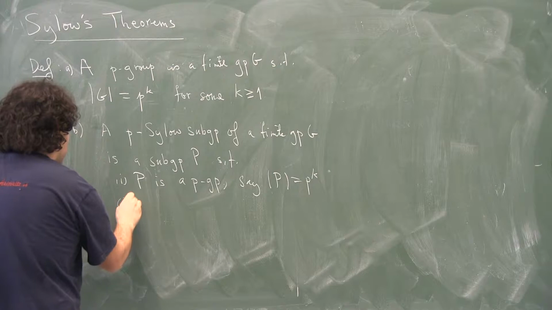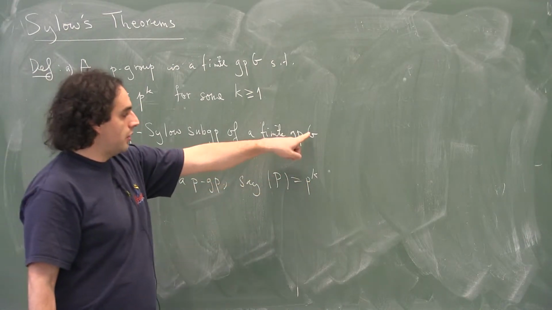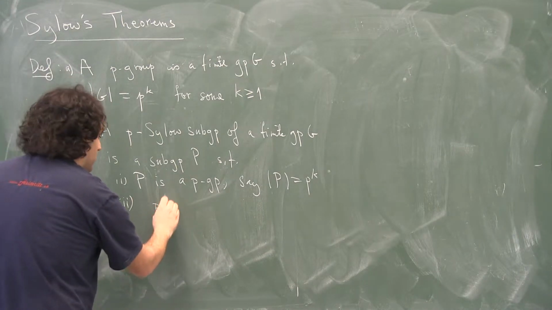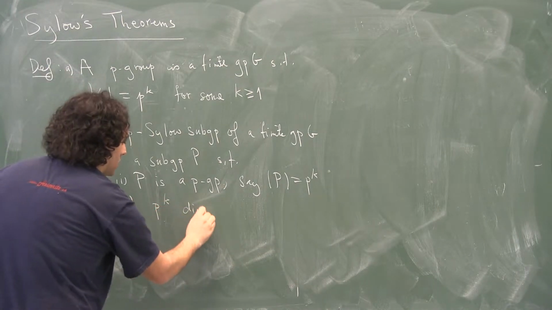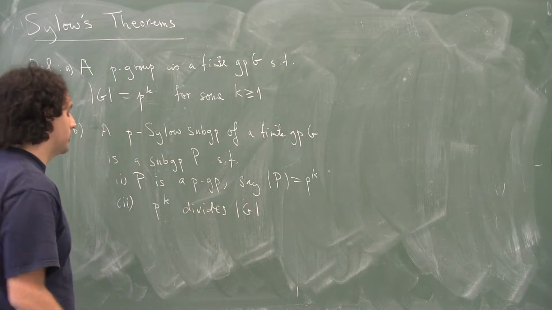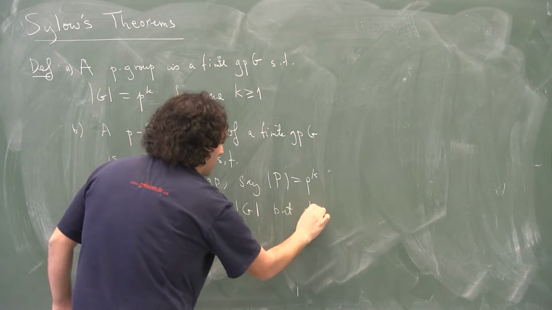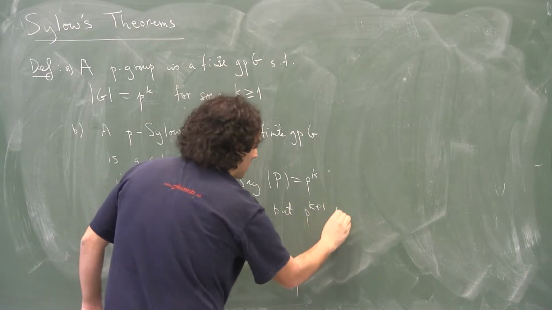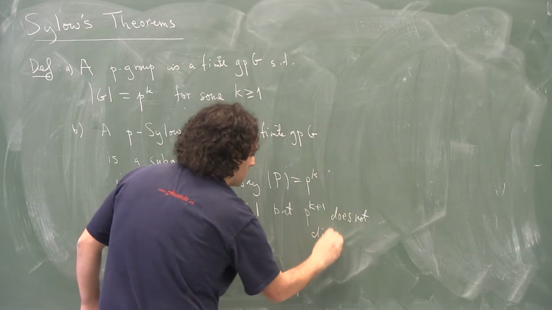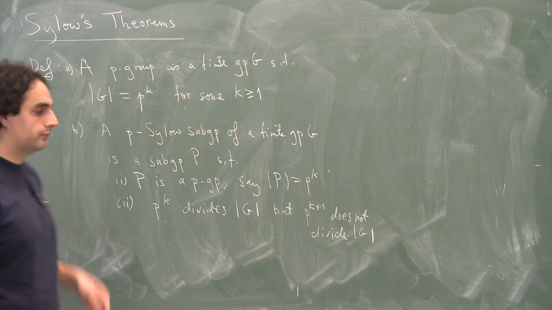And then secondly, it should have the largest prime power order that also divides the order of G. So we want to assume that P to the K divides the order of G, but P to the K plus 1 does not divide the order of G. Okay?